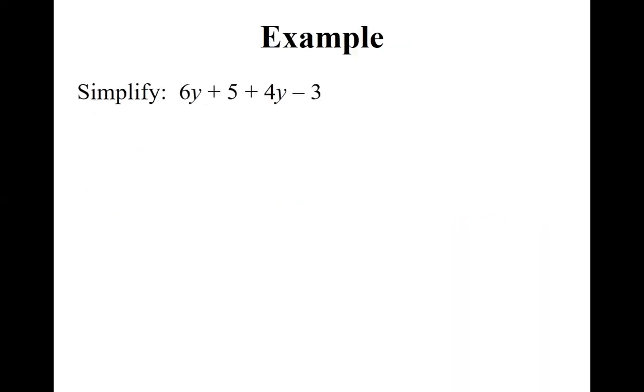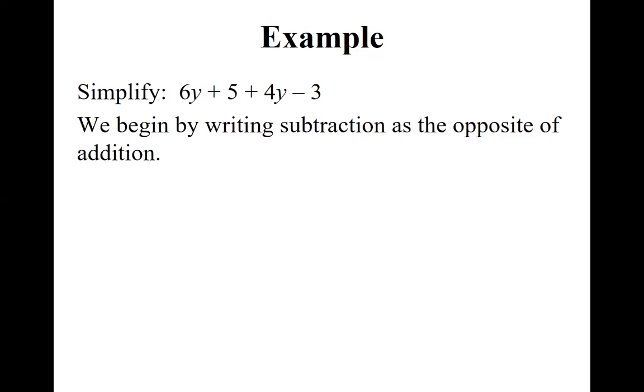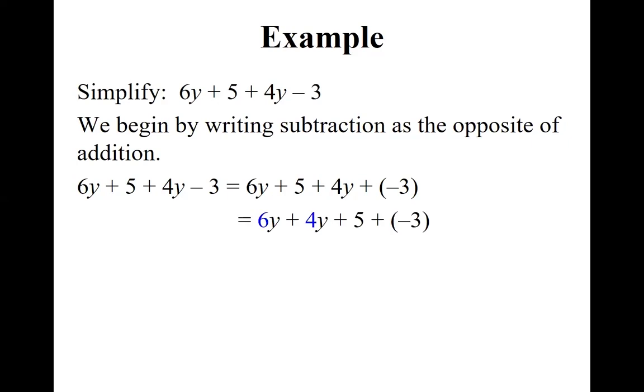Why did we review these? Well, first, let's start by writing this as all addition. So instead of minus 3, that's plus a negative 3. Subtracting is adding the opposite. Now we have 4 things being added, and we can add them in any order. So let's change the order.